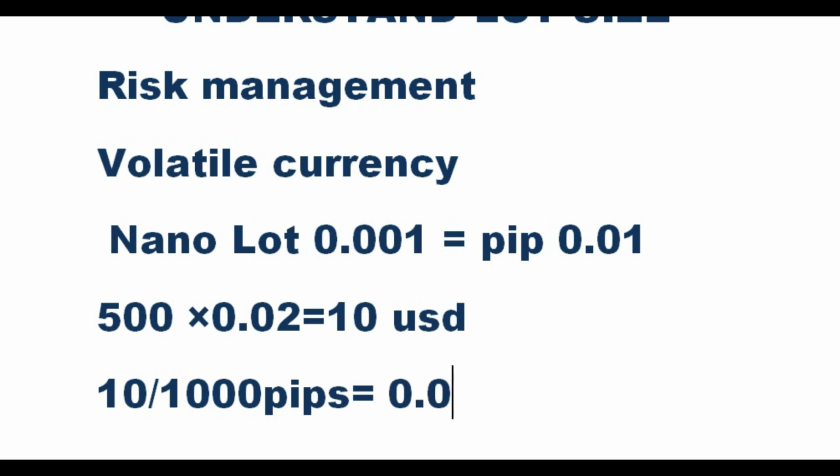This is the pip value. That means each pip value is going to be 0.01 per pip you lose or gain in profit. That means the correct lot size you need to use is the nano lot.